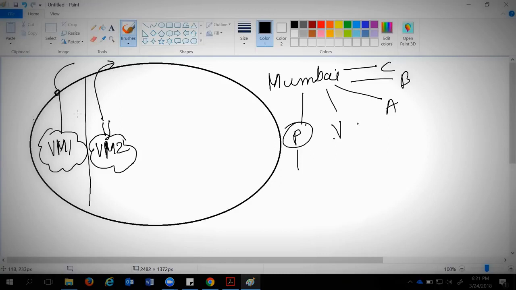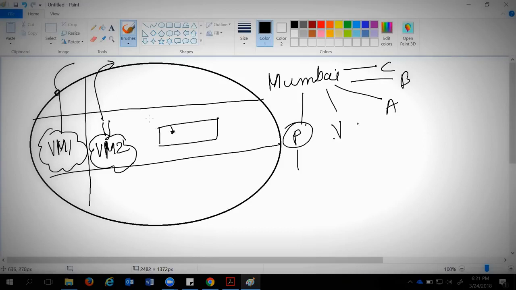But remember, guys, all these things are running in the same infrastructure. You never know that they might be sitting on the same servers, all these VMs, with backend virtualization. But as an end user, you are not exposed to what is running at the backend. So that's the beauty of public clouds.